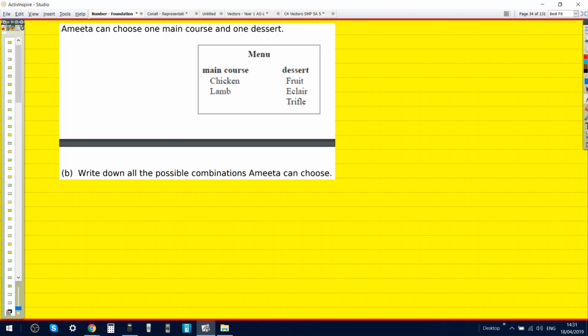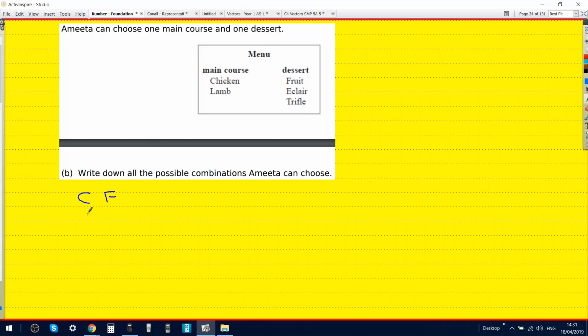Choose one main course. So basically, it'll be chicken fruit, chicken eclair, chicken trifle.